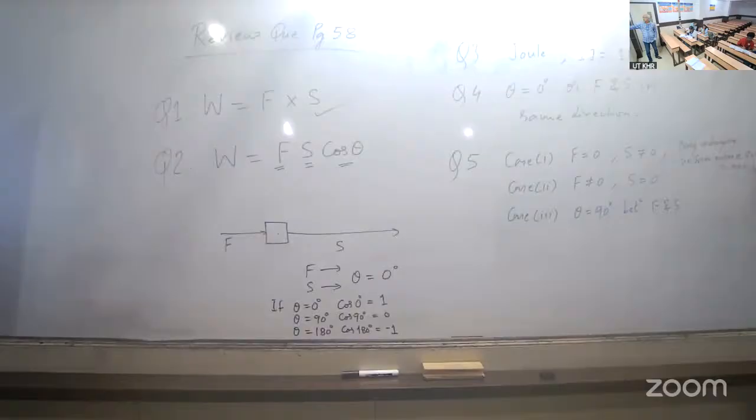This means F is 0. Understood? Whenever we say uniform motion, it means there is no net force acting on the body.